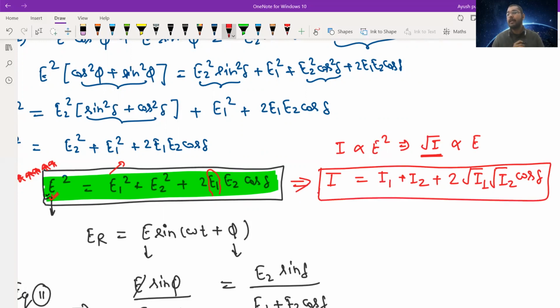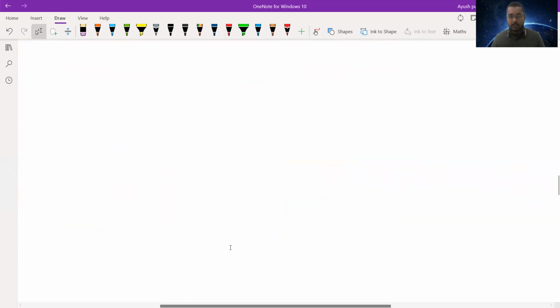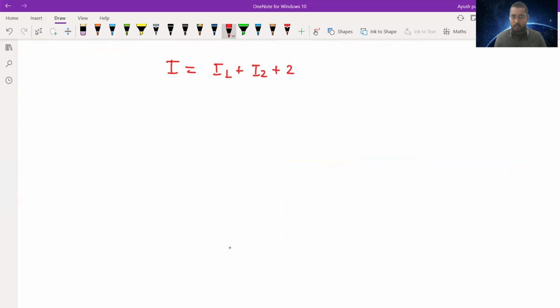So now we have achieved I is equal to I1 plus I2 plus 2 root I1 root I2 cos delta. Obviously, this depends on two factors: the intensity of the individual light waves and the phase difference delta between them.